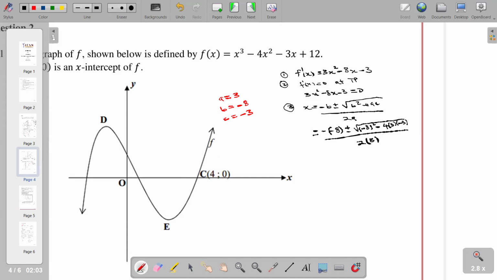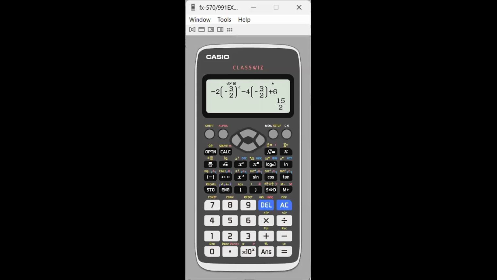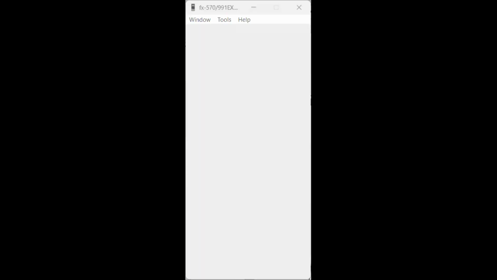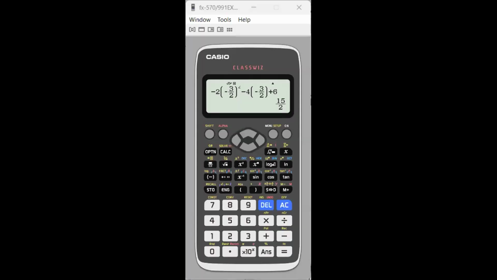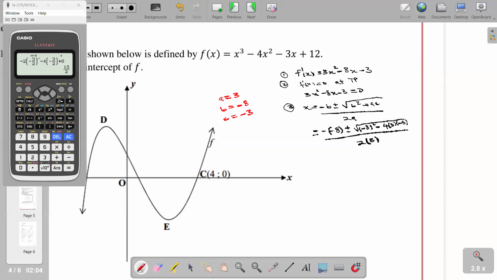Here is our calculator. So let's simplify. So we are going to get minus, what's our b?